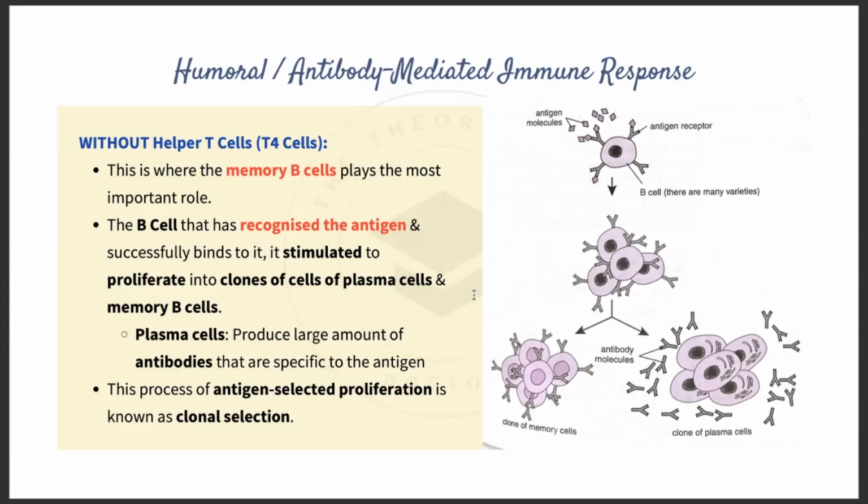It has to fit like lock and key. So this process of antigen selected proliferation is known as clonal selection. As you can see over here, the antigen comes and the B cell already recognizes it and will bind to the epitope of the antigen, and then this B cell will be stimulated to form more memory cells and more plasma cells.